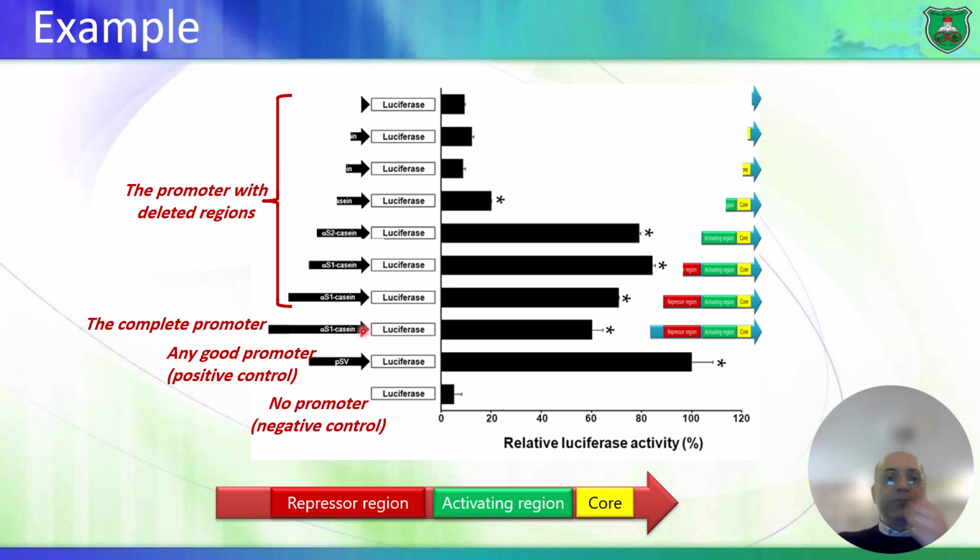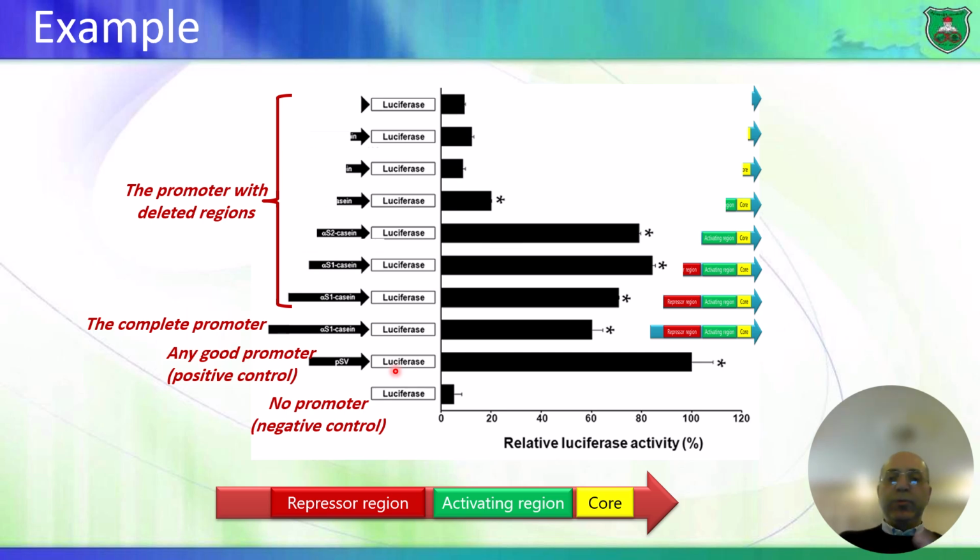So let's look at the results. I have different plasmids, different pieces of promoter, the same luciferase gene, nothing is changed with the luciferase gene, and I transfect these different plasmids into cells.